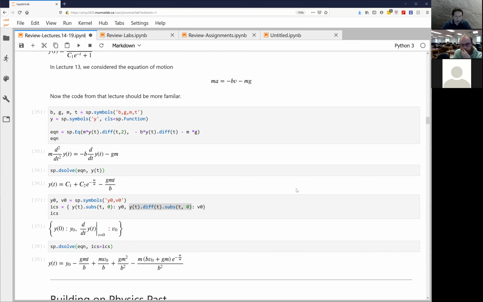Like if you've taken differential equations, you've learned about integrating factors and separation of variables and these different techniques. It knows how to do those techniques. But not all differential equations can be solved analytically. Yes, that's true. So if it's one that's in the standard textbooks, SymPy can do it. And what's nice about it is you write down the differential equation, and even though that might not be, this is a second order differential equation with constant coefficients.